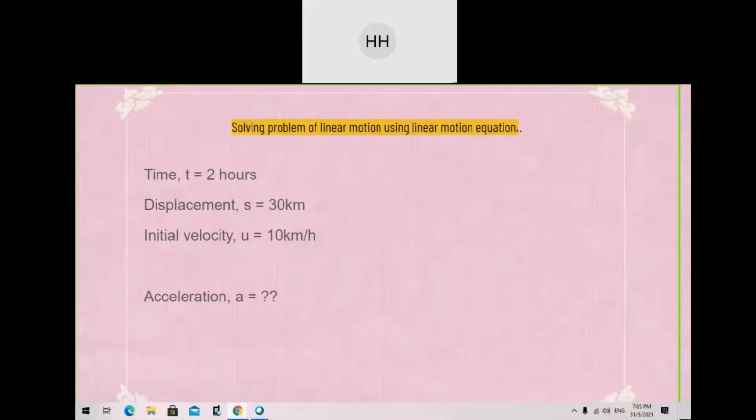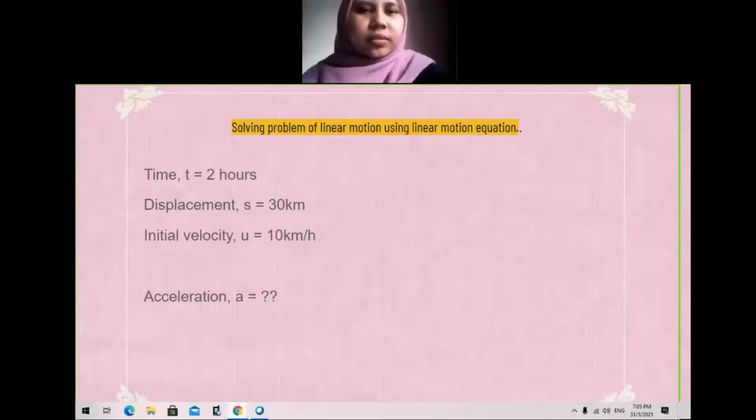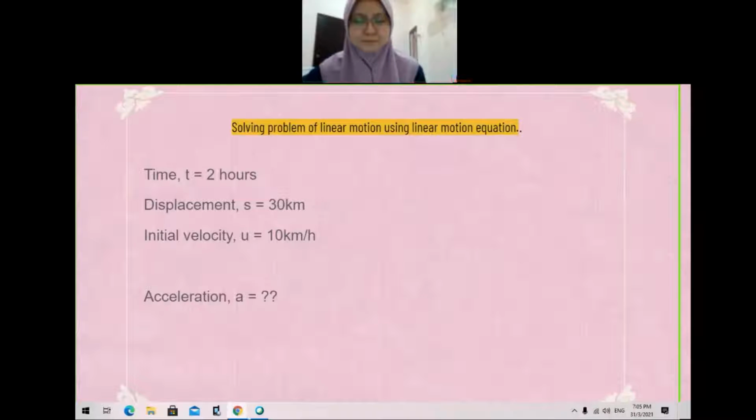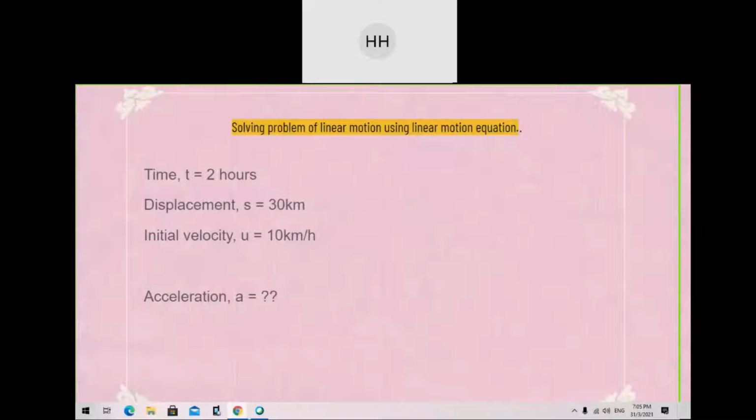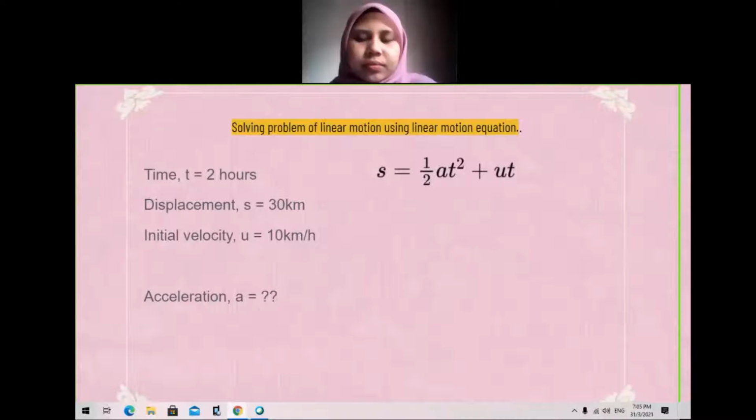But we have T. So what formula are we going to use? S equals half AT squared plus UT. Yes, congrats! You are so great!